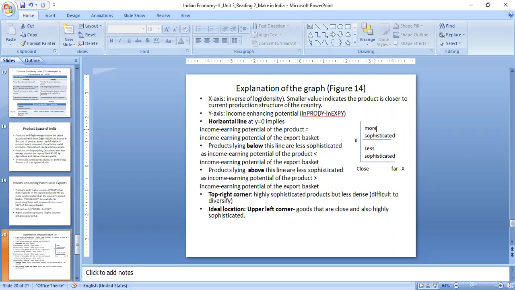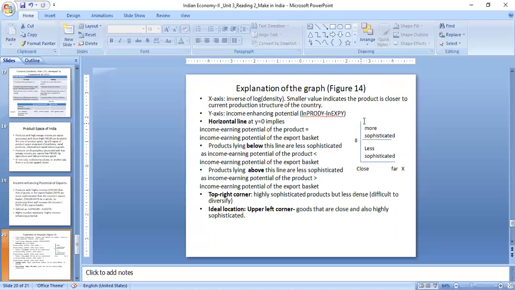Now think about it, which should be the ideal location? Ideal location would be a product which is highly sophisticated because it is going to have greater income earning potential, but then it's going to be easier for the country to move to this highly sophisticated product if it is closer to the goods which are already being produced, which means we want smaller x-axis. Therefore, the ideal location is going to be the upper left corner.